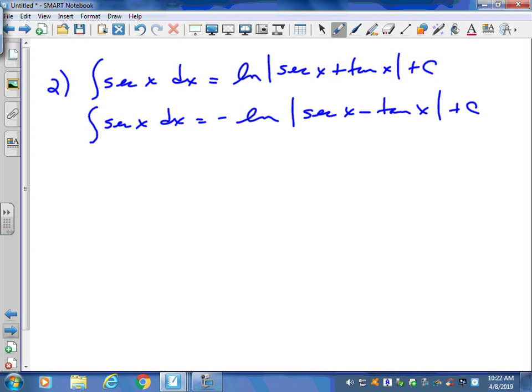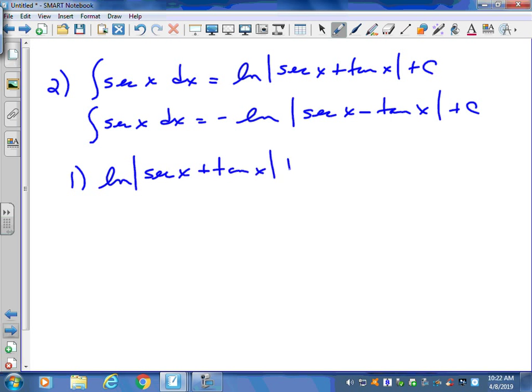So I usually start with the one that's got the positives in it and try to figure out how they got those negatives. Does that make sense? Because that would be a simpler problem to start with, which is actually the original rule, I believe. The original rule is the first one. So we're going to start with that, and we're going to try to see how we turn that into the one with the negative on the outside and the subtraction sign.